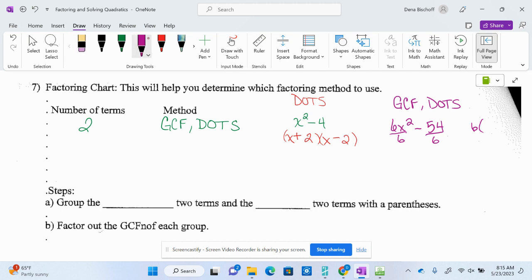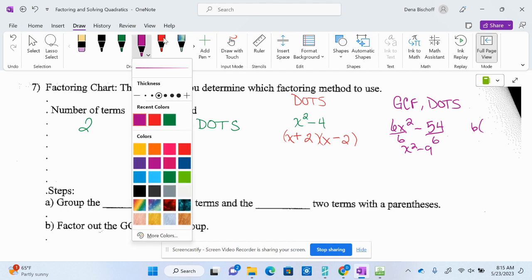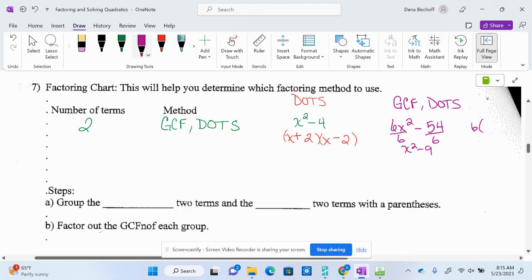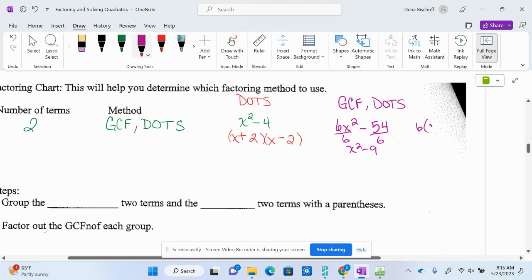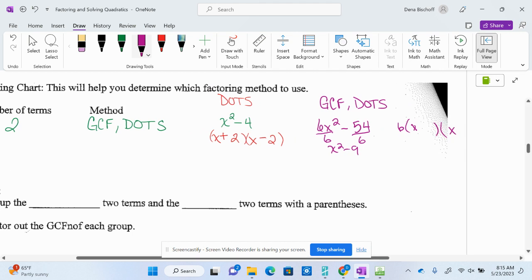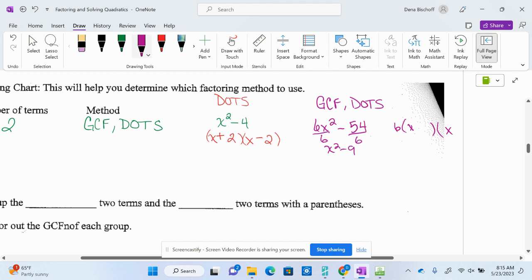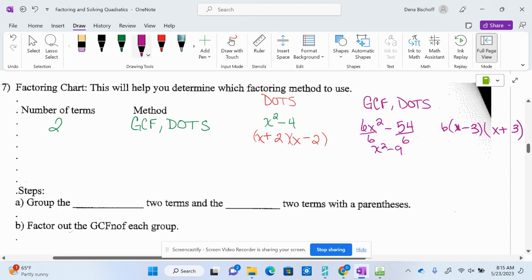After I take a 6 out, I'm left with x squared minus 9, right? So how do we make x squared? Well, that's made by taking x times x. And what number do I multiply by itself to get 9? 3. Remember we said we're just taking the square roots of those. So I have 6 times the quantity x minus 3 times the quantity x plus 3. So that's what happens when you have two terms.